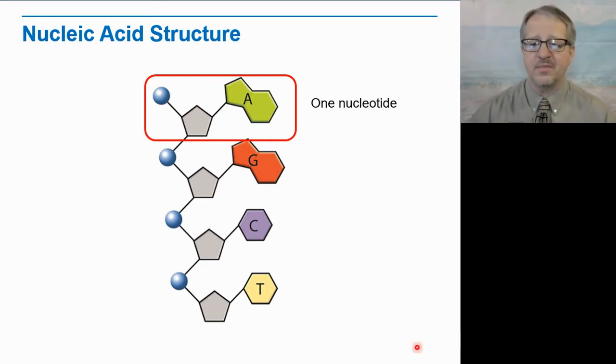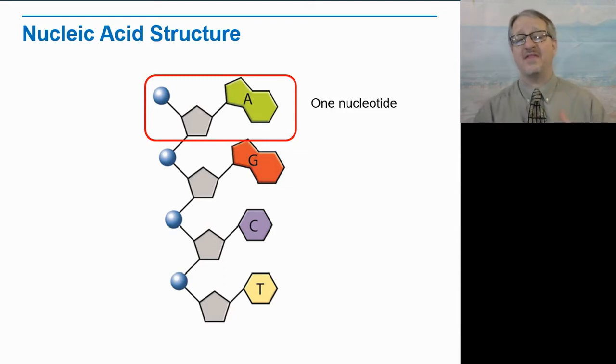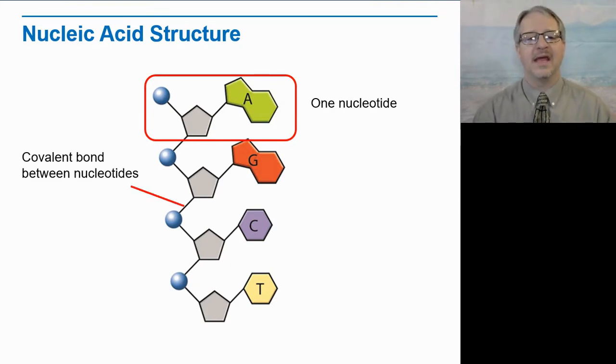Something else we need to be aware of is the way that these nucleotides come together and bond with each other to create the full DNA molecule. The way they stay together is through covalent bonds that occur between the various nucleotides.